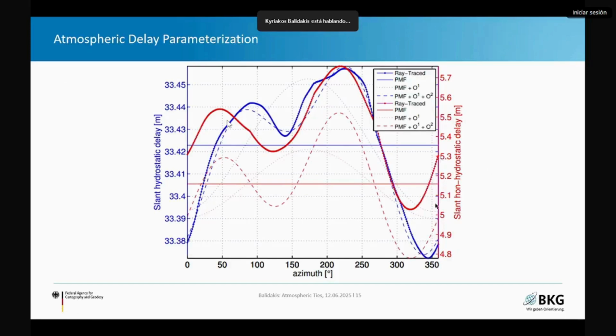If you look at the units on the right-hand side, you can see that the variation reaches almost 1 meter. Given that our observations in GNSS and VLBI have an uncertainty in the order of millimeters, this is an error that we cannot afford to have in our analysis. This is why we should really take into account the gradients in modeling the atmospheric delay.